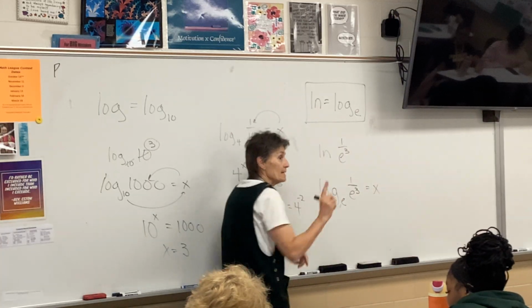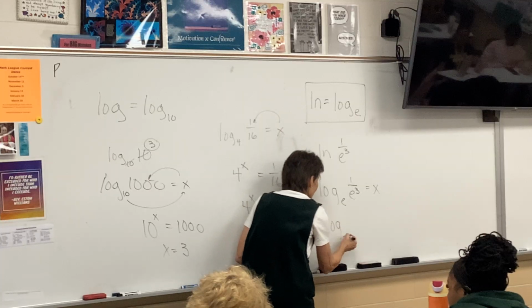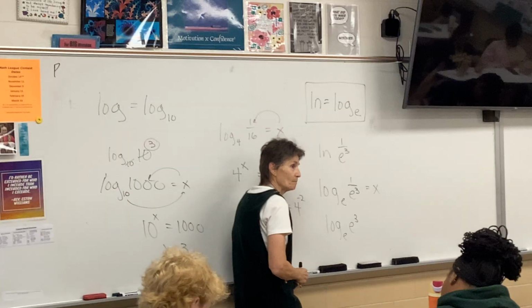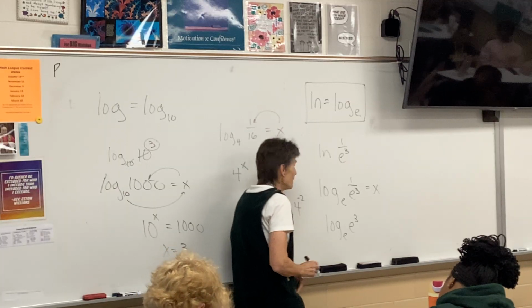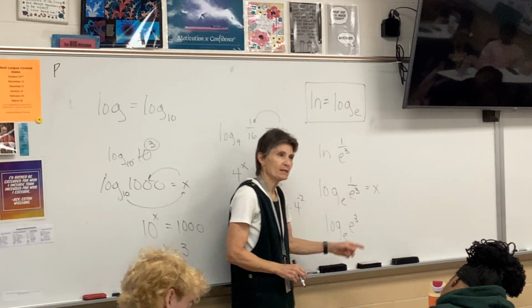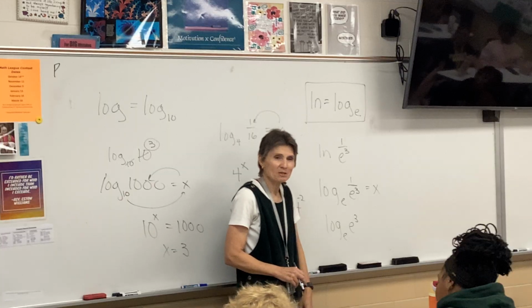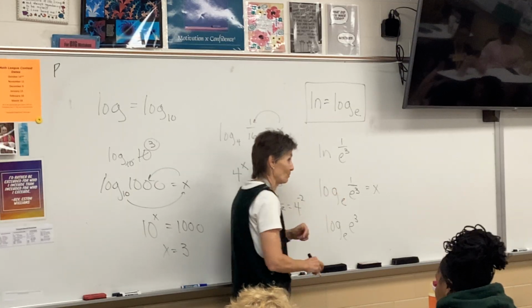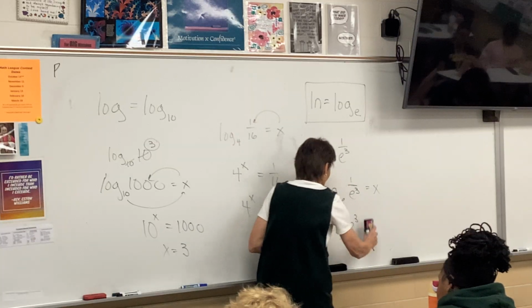Now, if it were log base e of e cubed, if that were the problem, what would the answer be? 3, right? But it's 1 over e cubed. What do you think the answer will be since it's 1 over e cubed? -3. The answer is -3.